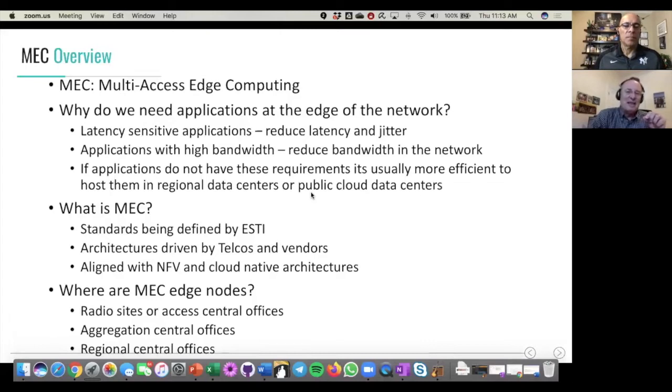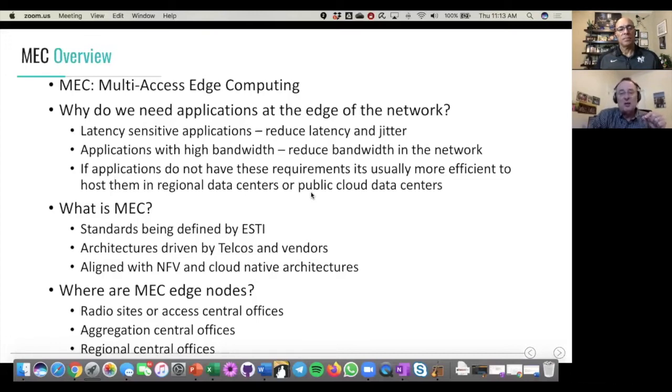So the next question is, where are these edge nodes? When we say edge, what do we mean? That can mean a lot of different things. It could be what we might call the very far edge, which would be actually in cell sites or radio sites. However, more typically, these might be in access central offices that are connected to, say, 20 to 40 to 50 different cell sites.